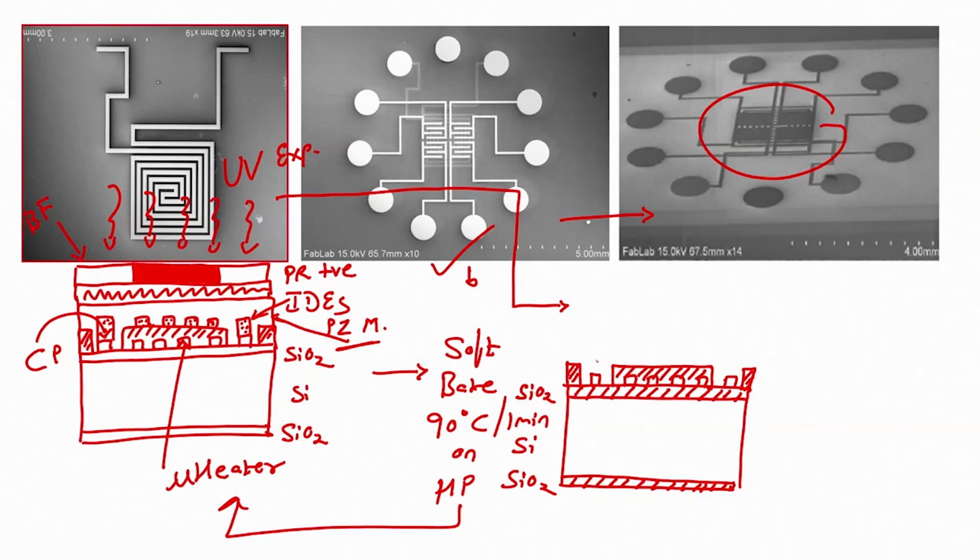After photoresist developer, how will the schematic look? The schematic will look like the one that I am drawing on this screen.